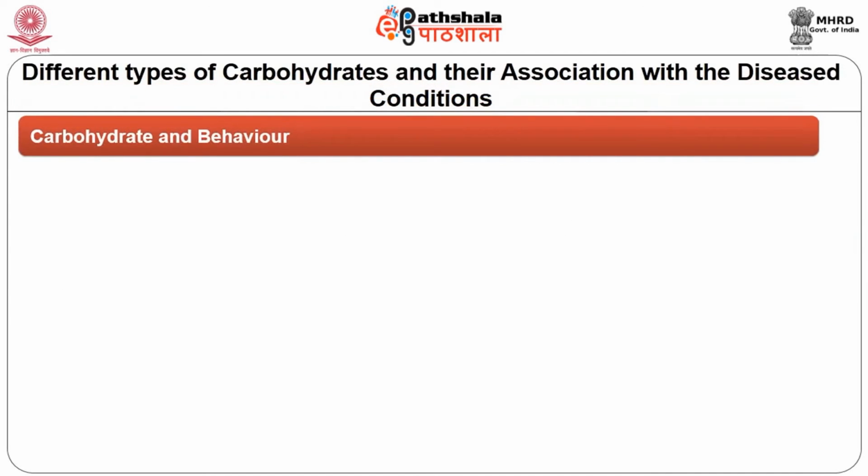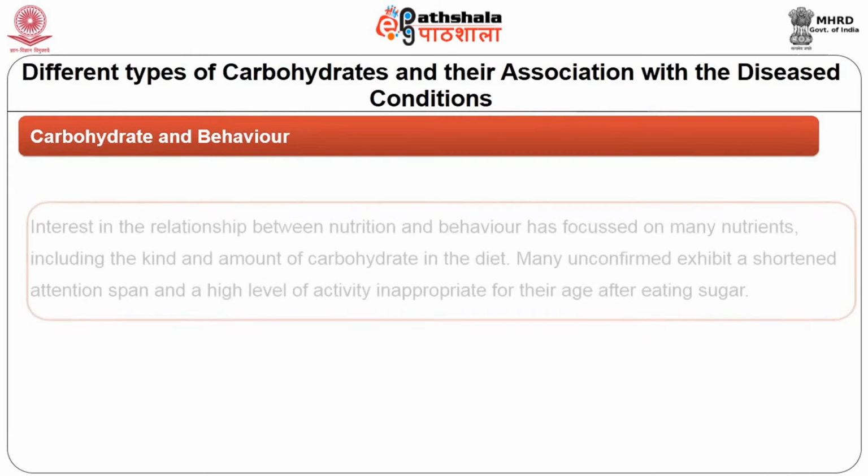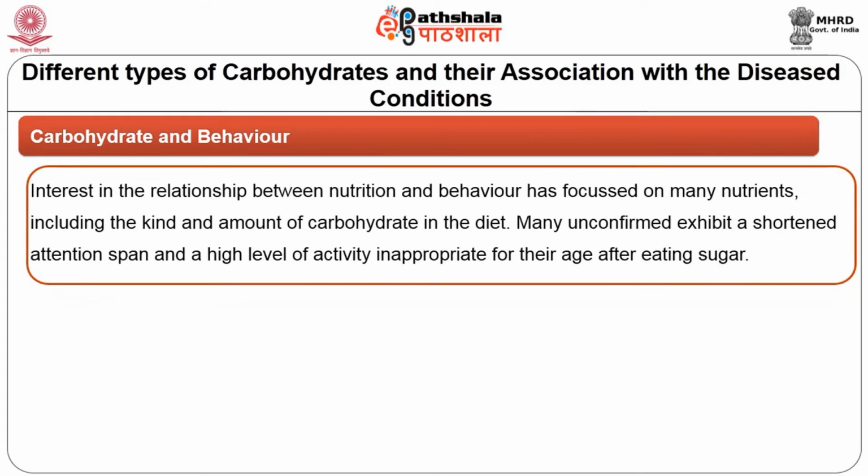Next aspect is carbohydrate in relation to behavior. Interest in the relationship between nutrition and behavior has focused on many nutrients, including the kind and the amount of carbohydrate in the diet. Many children exhibit a shortened attention span and a high level of activity inappropriate for their age after eating sugar.